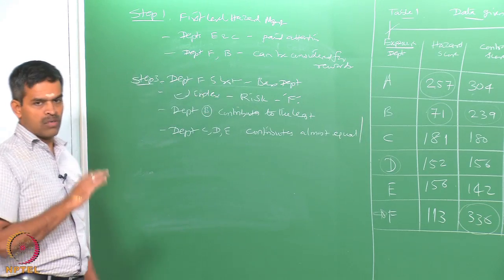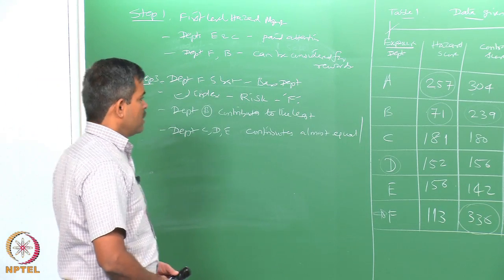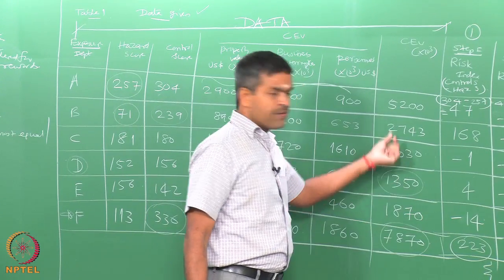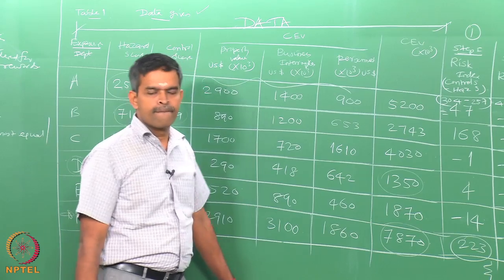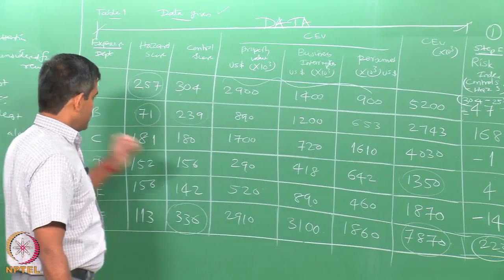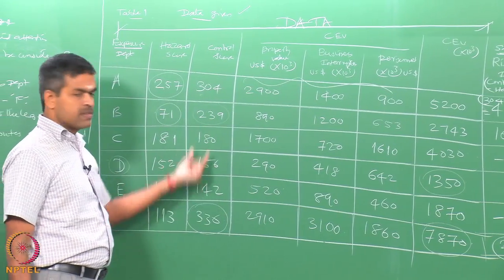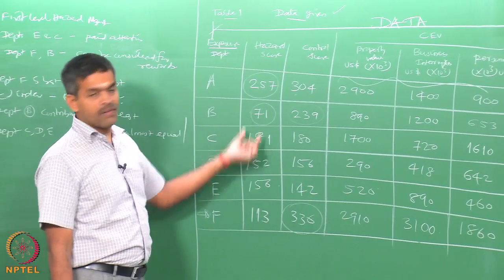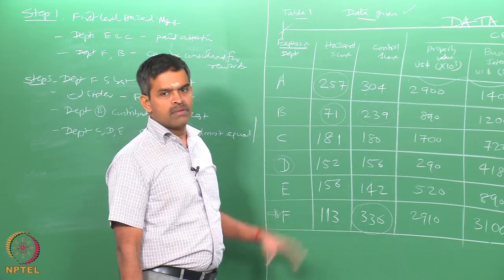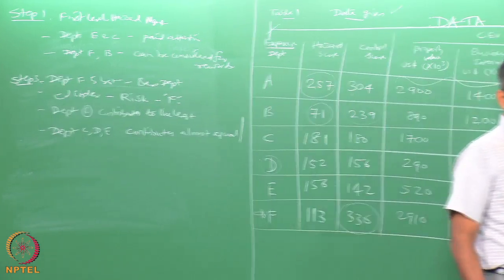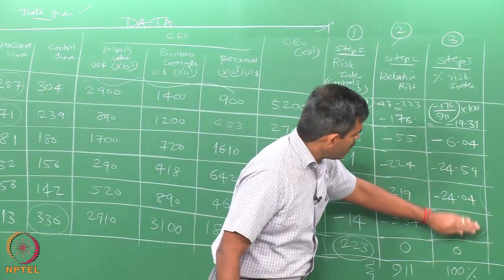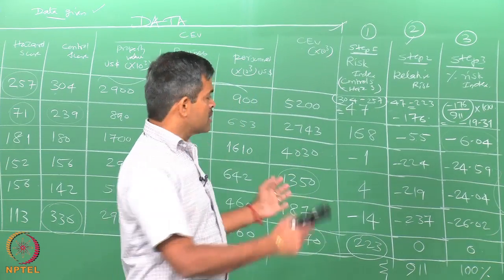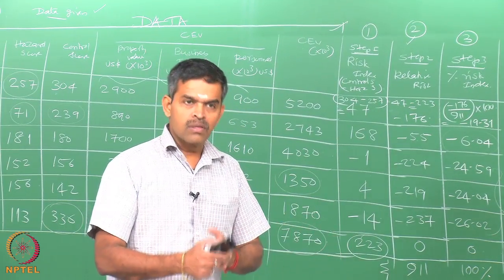Please understand, the composite exposure values of these 3 departments are significantly different. The control scores of these departments are also different. The hazard scenario may be equal, but they are different. But when you apply the percentage and compare relatively, they become more or less close contributors to risk. This is how a department's risk gets aligned to the risk of the plant.